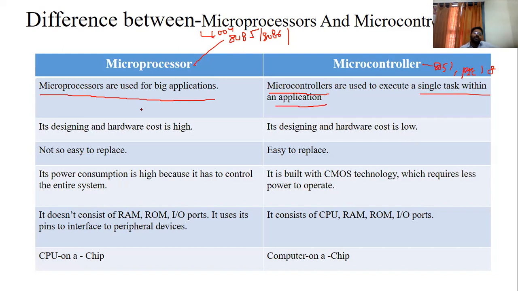Remember in our computers, the laptops you are using, whenever you buy a laptop you can see the microprocessor configuration, not the microcontroller configuration. So it is 3.2 gigahertz or 2.8 gigahertz or 2 gigahertz. You can see that microprocessor configuration.